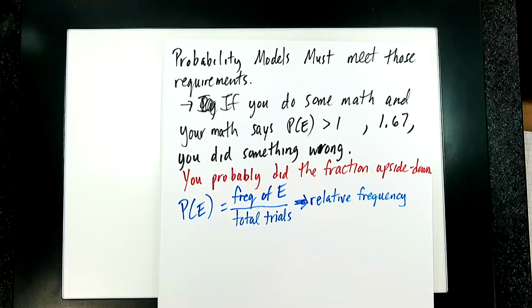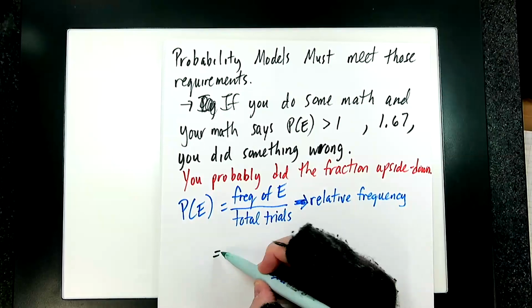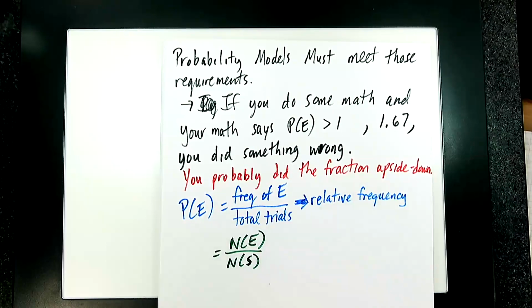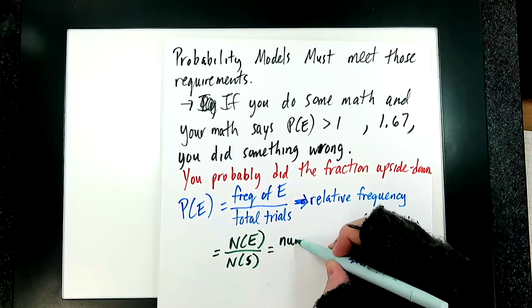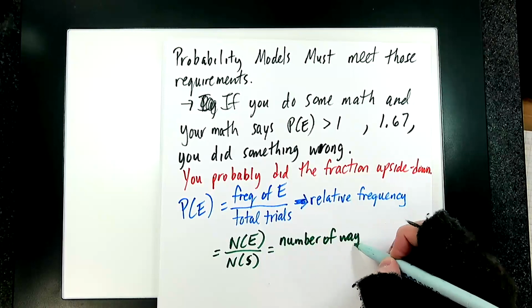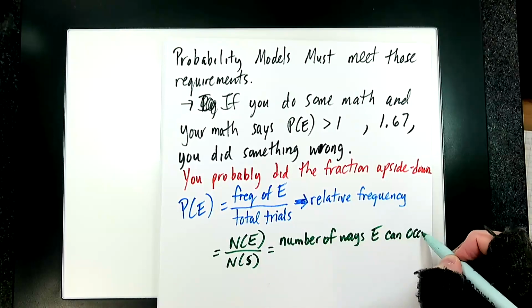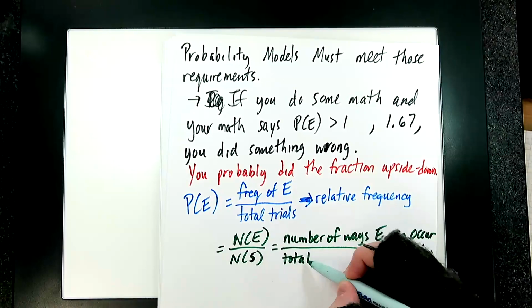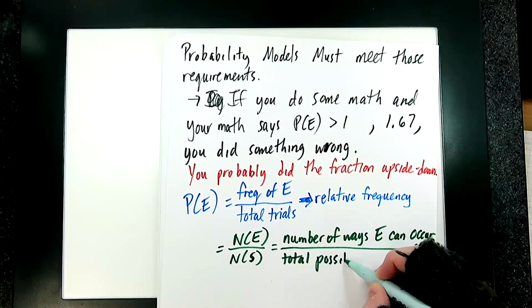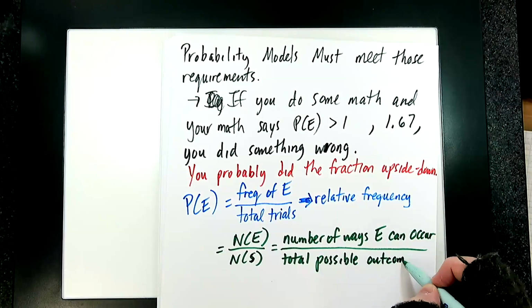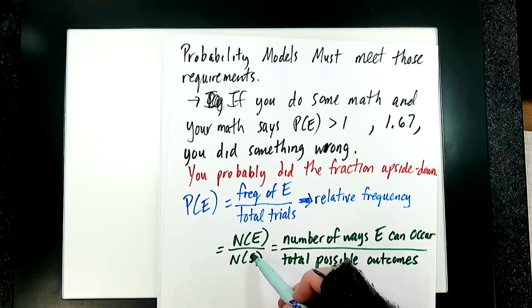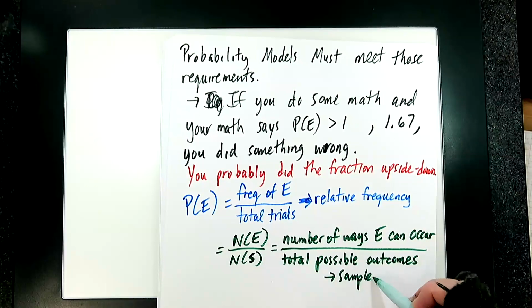Another way of looking at this is I'm going to write n in parentheses E over n in parentheses S. This is the number of ways E can occur over the total number of possible outcomes. It's usually your sample space. That's why we use the S.